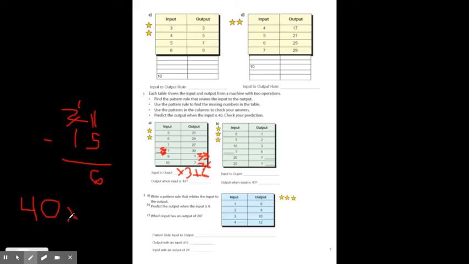And we're going to times it by 3, and then we're going to add 6. 40 times 3 is 120, plus 6. So that is 126. And that's what I would put here.